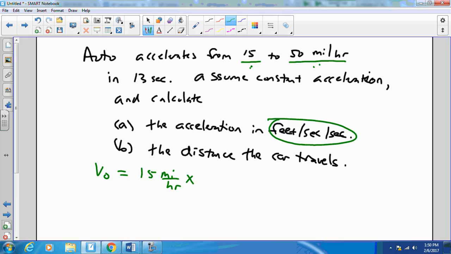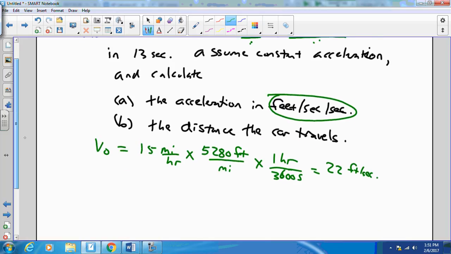Now I need to multiply by 5,280 feet per mile, and 1 hour for every 3,600 seconds. Which gives me 22 feet per second here.